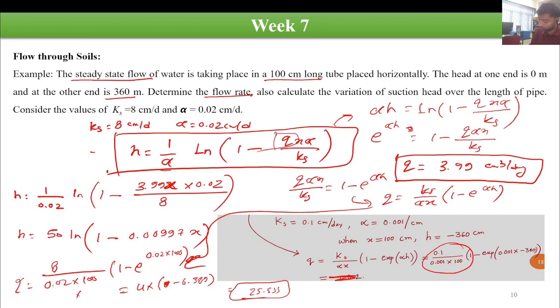Okay, so this Q value we need to change while calculating, and then only we can reach the right answer.